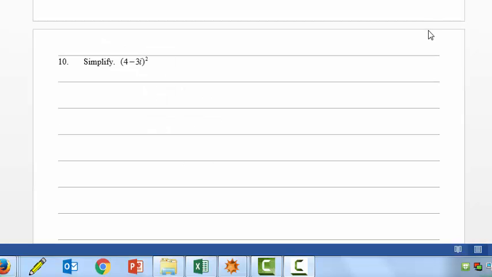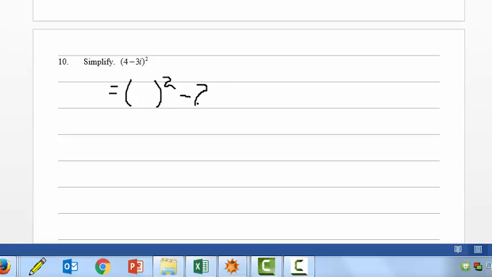Now here I have the square of a complex number, 4 minus 3i. And the template for squaring two terms that are either being added together or subtracted is that you get the square of the first term.